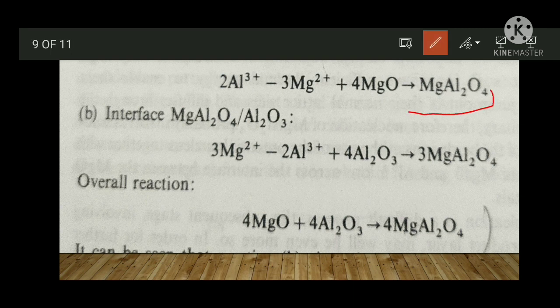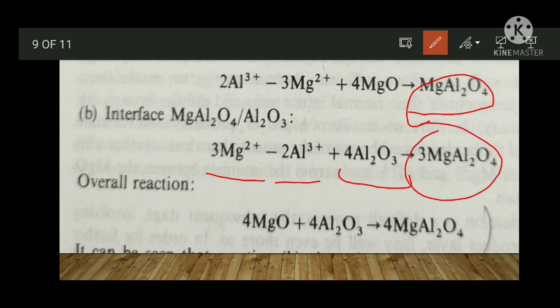On the right hand side, in the aluminium trioxide phase, 3 magnesium ions react with 2 aluminium 3+ ions, again forming magnesium aluminium oxide. The overall reaction is shown here.